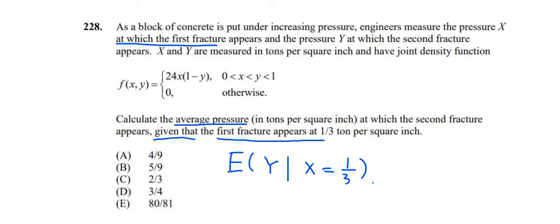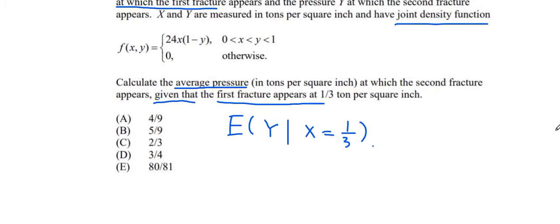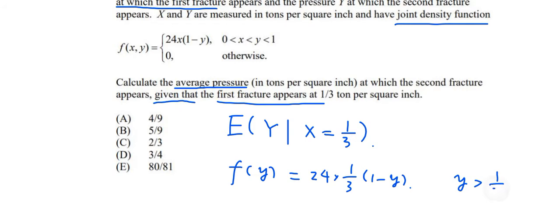So we want to find this. The x and y joint density function is this. For such a problem, we just need to find the conditional density function for y. So we just put x equal to 1/3, and this is the density function for y. But y should be larger than x, so larger than 1/3.